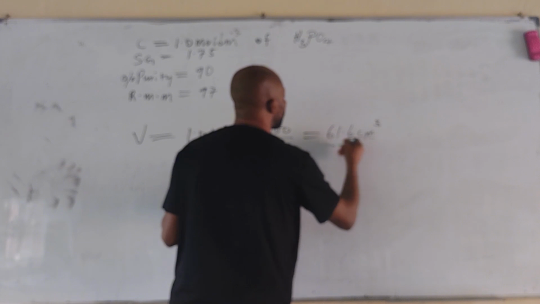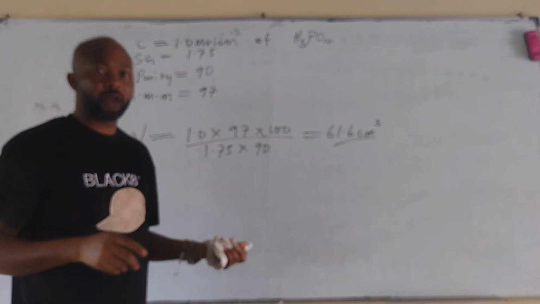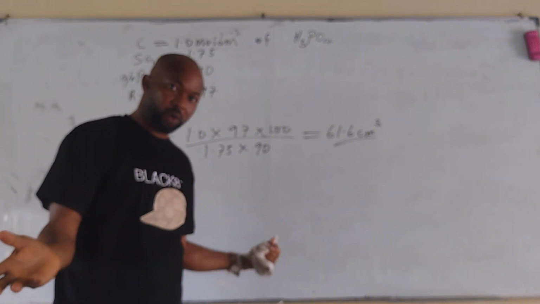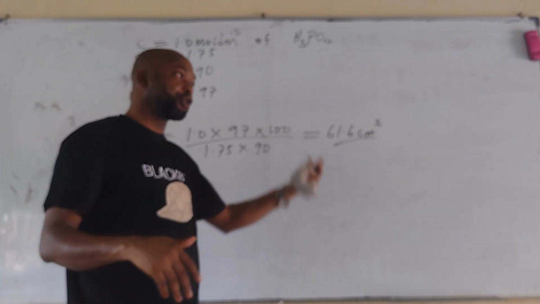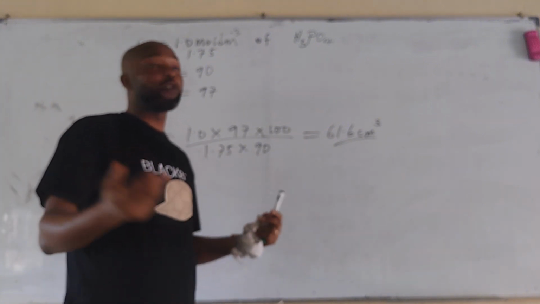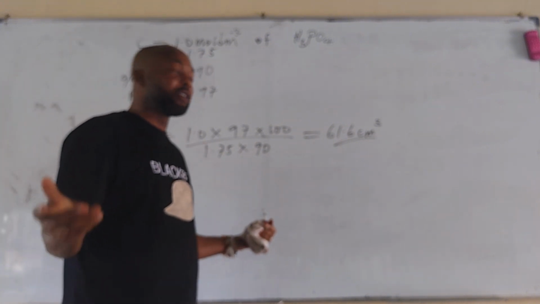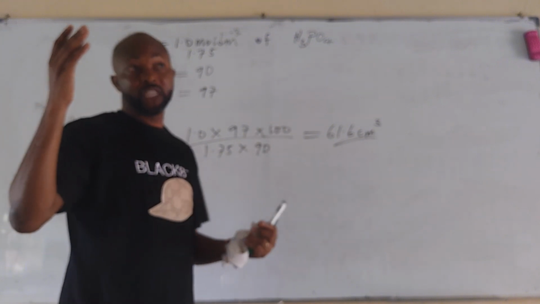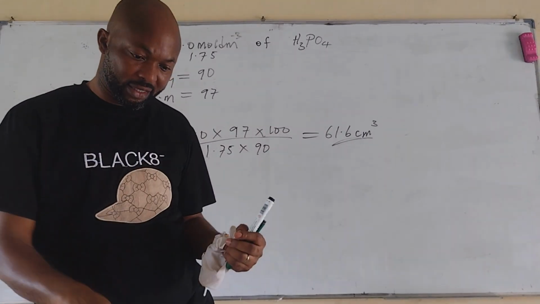This is what we are going to dissolve in 1 dm cubed of water, which is 1000 cm cubed, or 1000 ml of water. Divided by 2, you dissolve in 500. Divided by 4, you dissolve what you get there in 250. Divided by 8, whatever you get there, you dissolve it in 125 ml. Don't forget that, it is important.